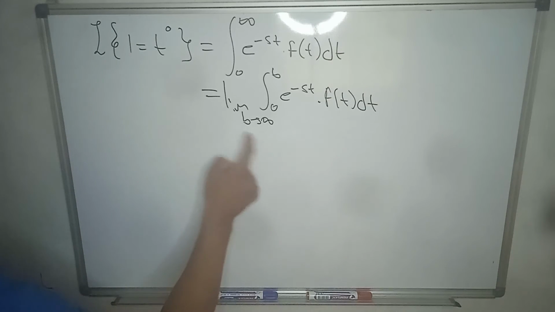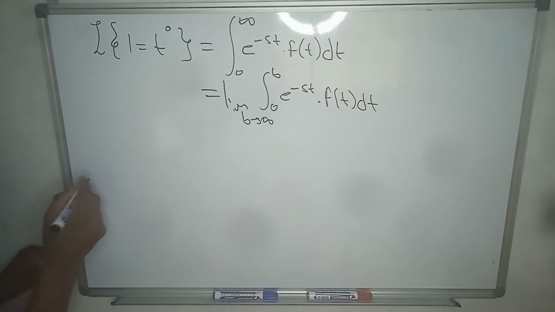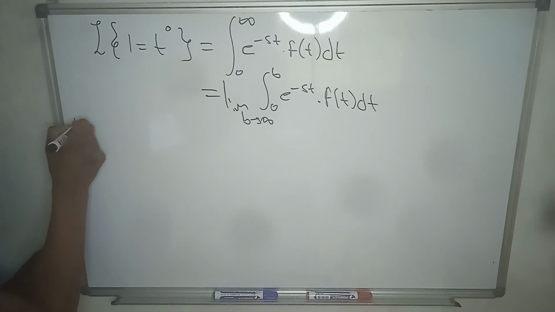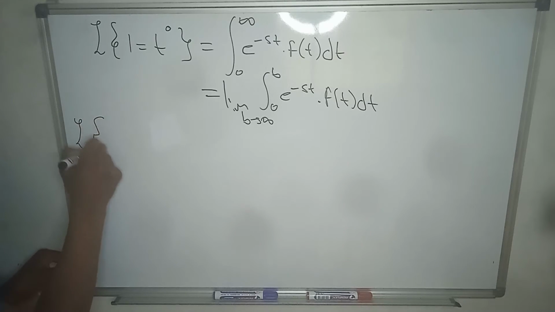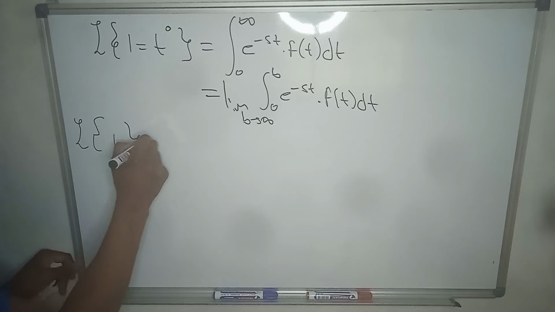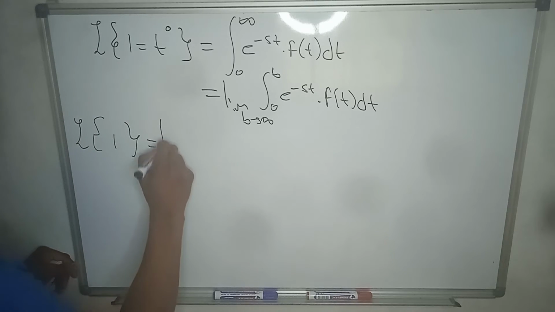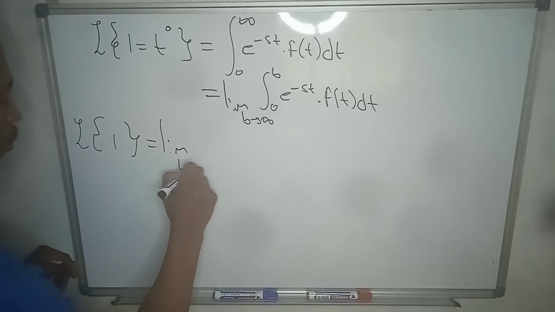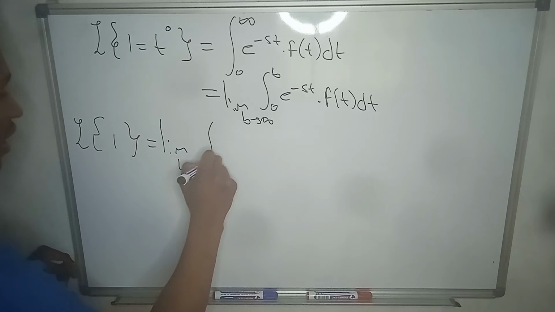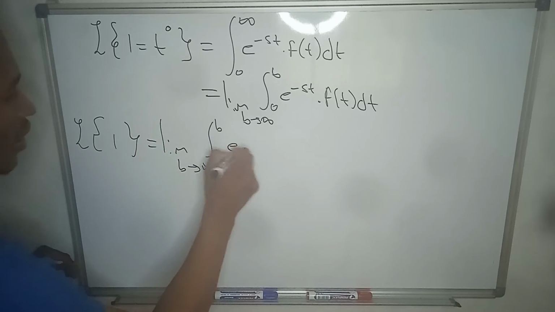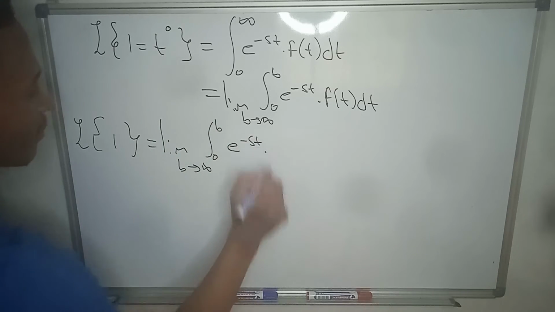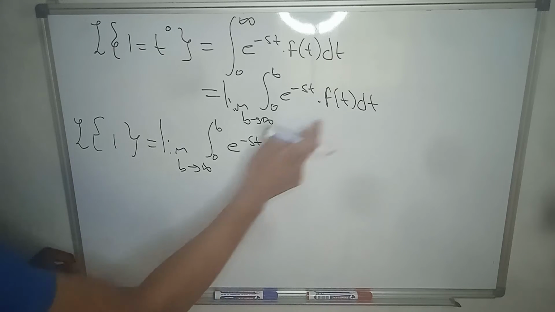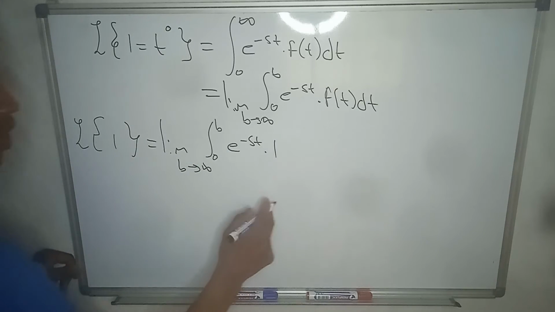So we are going to use this one throughout this problem. So the Laplace transform of 1 will be the same as the limit as b approaches infinity of the integral from 0 to b of e^(-st) multiplied by our f(t), in this case 1, dt.